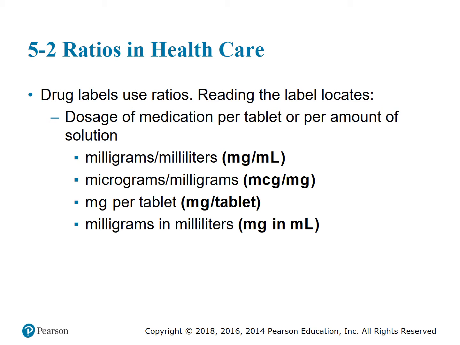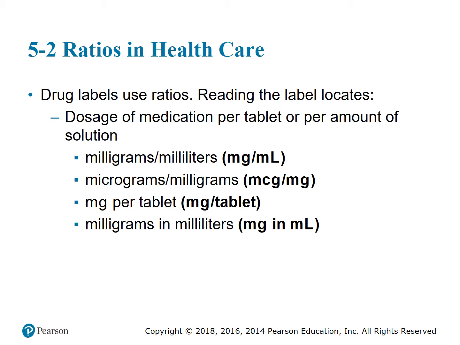The next common one is micrograms to milligrams. The next one is milligrams per tablet, so you might see a ratio this way as well. And then lastly, milligrams in milliliters, so many milligrams in so many milliliters. These are ratios that you are going to see on drug labels.